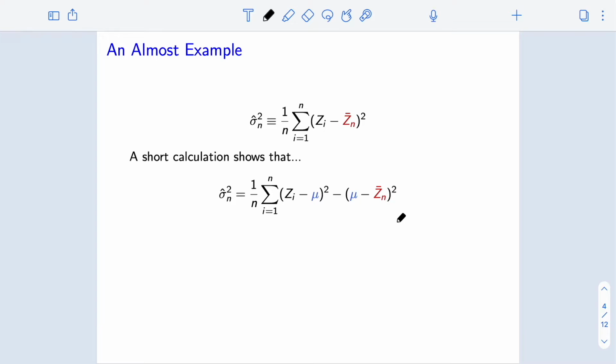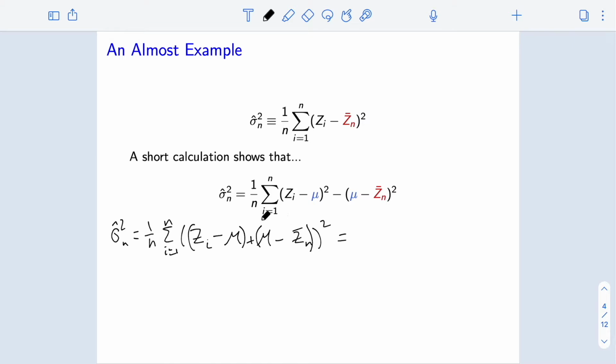All right, so let's begin that calculation. We are going to take that representation for sigma hat squared n, right? This is 1 over n, sum i equals 1 to n, where we had (Zi minus Z bar n) quantity squared. We are going to add and subtract mu, the population mean, and break this up into two terms.